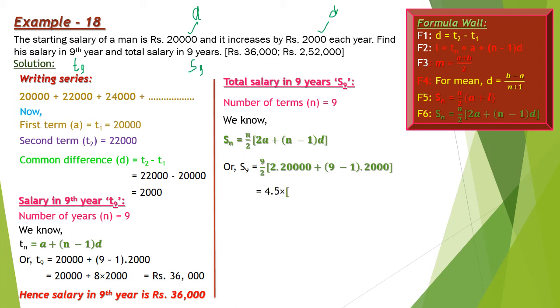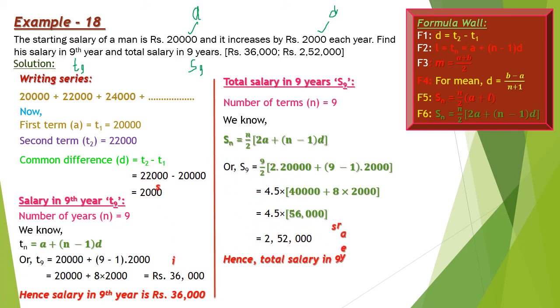Now 9 divided by 2 is 4.5, bracket 40,000 plus 8 into 2,000, that is 16,000. So 4.5 into 56,000 will be the total salary he has earned in 9 years, which is 2,52,000. Hence the total salary in 9 years is rupees 2,52,000.